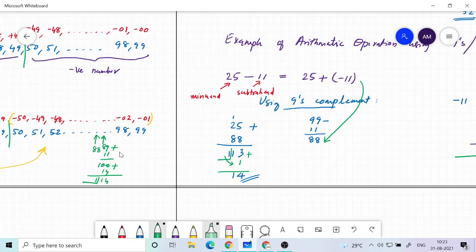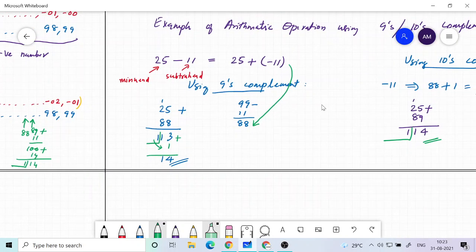By adding 11, you cancel it, and then when you add the remaining part of 25, you reach the answer 40.